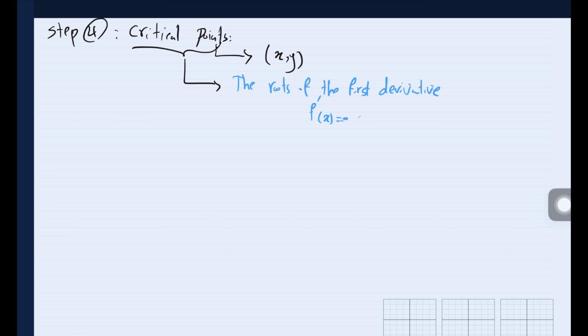So all those numbers making f prime x 0, those numbers are critical points.